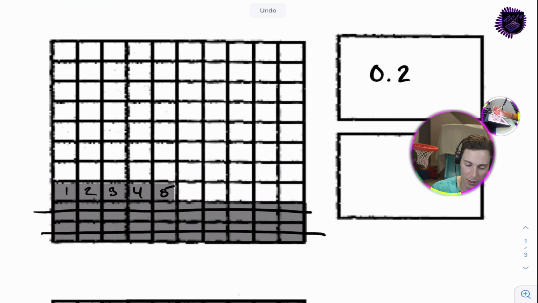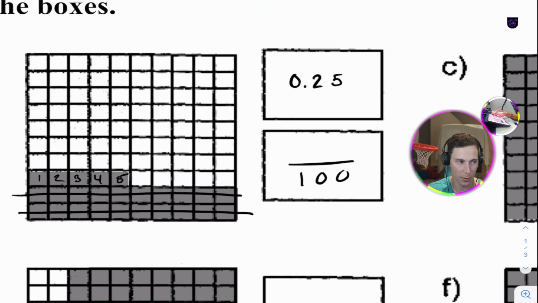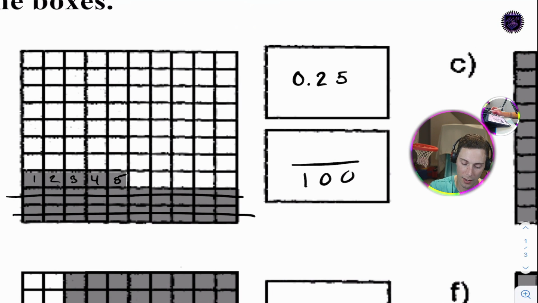And my fraction, again, will be over 100 because there's 100 total parts, and there's 25 of them. So obviously the bottom number is our total size, and the top number is our parts. So how many we have total, how many we have actually, the part.